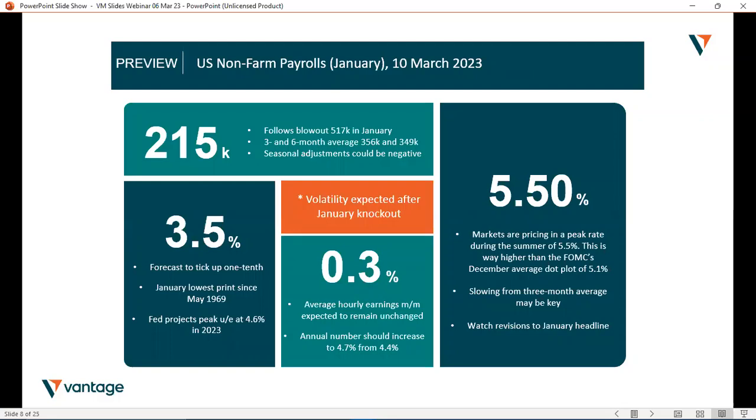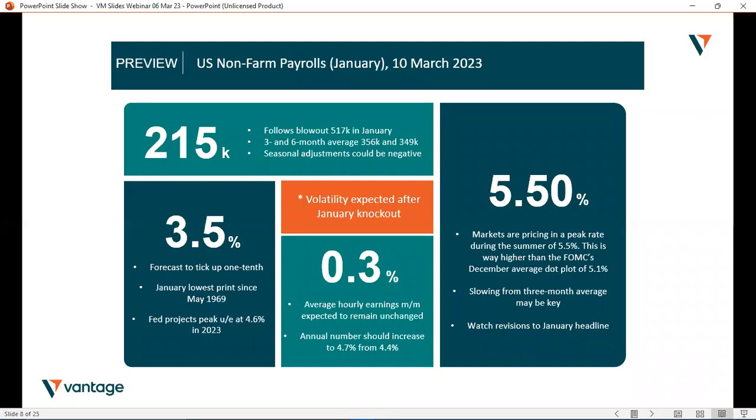And then obviously the headline number will be volatile, no doubt, after that blowout number, with seasonals to take into account and different adjustments on the data collection. I did see, it was interesting, one of the big investment banks talking about having no clue on the headline number for February, just because of that blowout number.